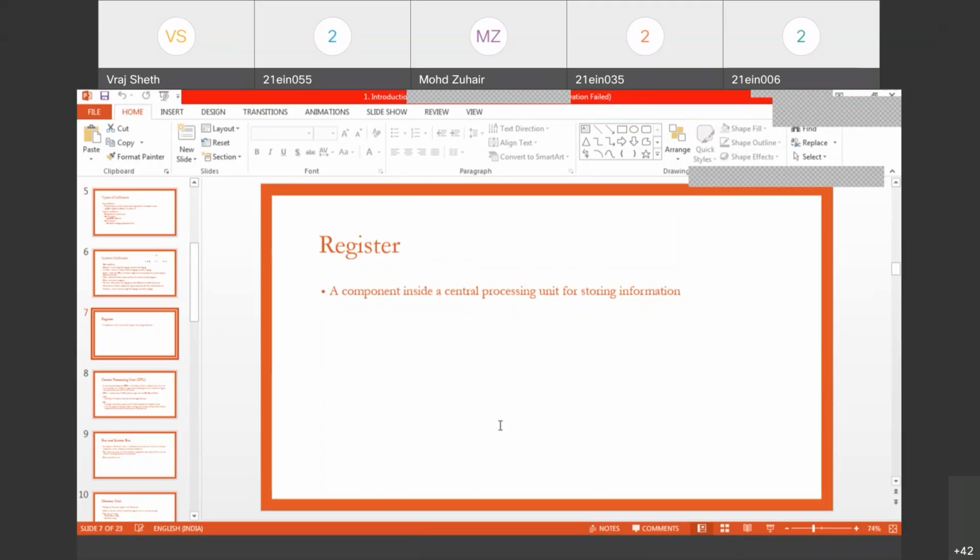For example, if you are executing a program, in that you are using different variables, and the output of those, for example, C equal to A plus B. So the output, you need to store those data somewhere. A equal to 10, B equal to 5, C equal to A plus B. All this data, 5, 10, and the result of A plus B has to be stored somewhere. So those are being stored in the registers while we are executing the program.